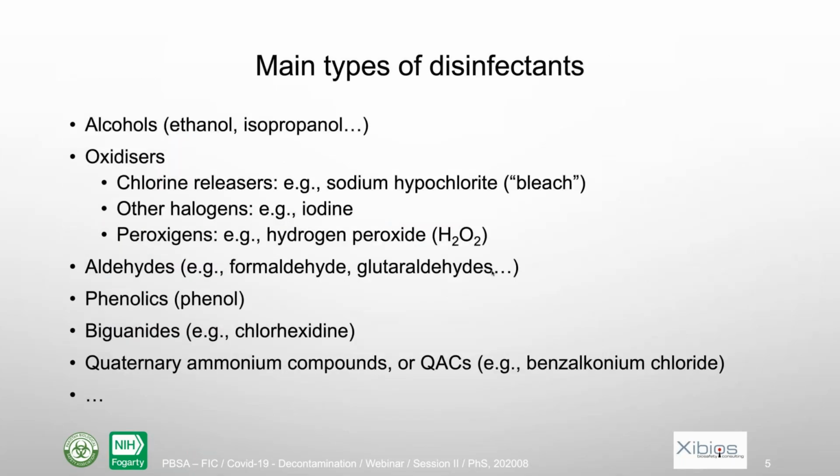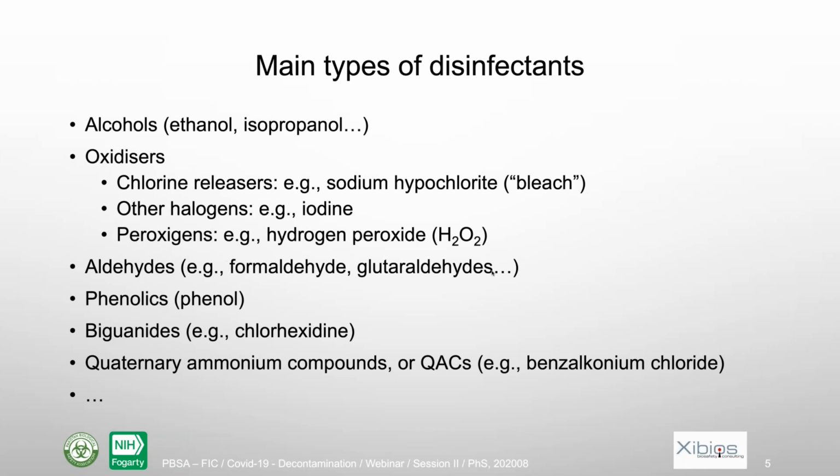So the main types of disinfectant, there are different categories. The first one is alcohol. We know them quite well, I think. The alcohols used for disinfection are mostly ethanol, but also isopropanol. Then we have different categories of oxidizers. The first ones are the chlorine releasers, like sodium hypochlorite or bleach, which is very much used in many labs. And then we have some other halogens like iodine and peroxygens like hydrogen peroxide, H2O2.